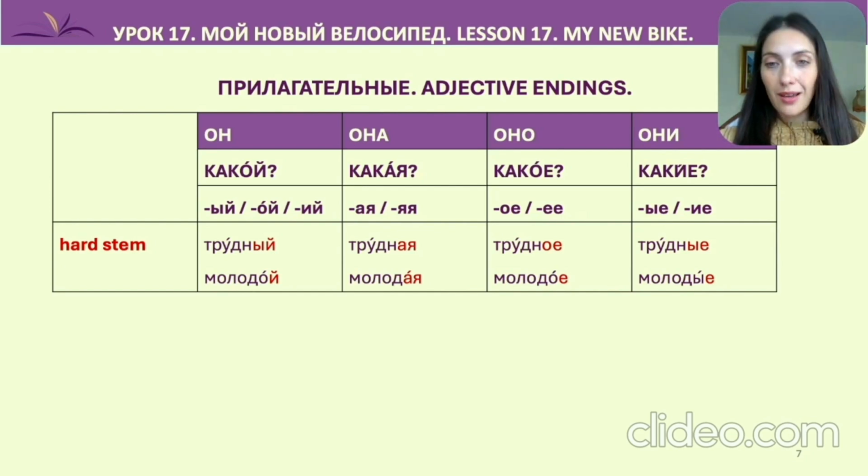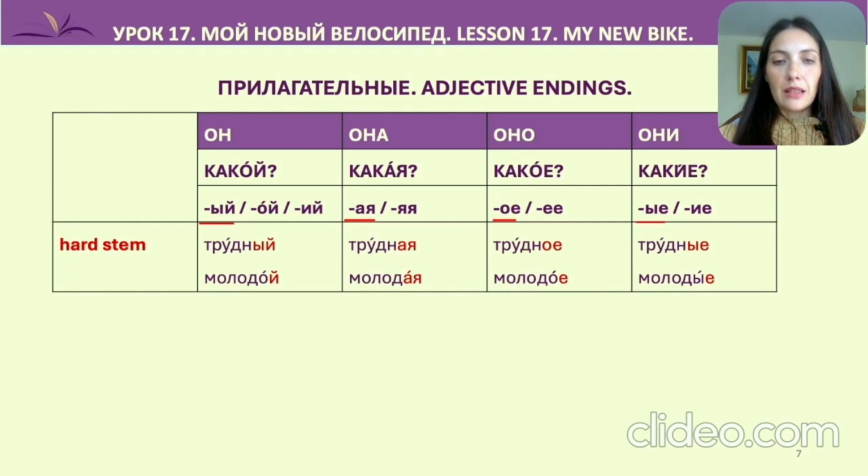Трудное упражнение, a difficult exercise. Трудные дни, difficult days. So the endings for this type of adjectives will be ый for masculine, so this one, ый. Ая for feminine. Трудное, ое for neuter. Трудные, ые for plural.